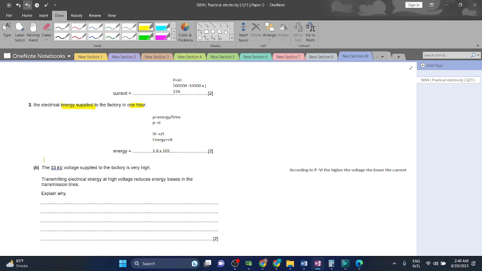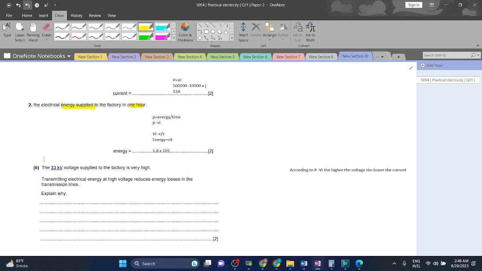So they are asking, transmitting electrical energy at high voltage reduces energy losses in the transmission lines. Explain why. This is why: according to the P is equal to VI formula, the higher the voltage, the lower the current will be. In order to balance out, if voltage increases then current will have to go down.